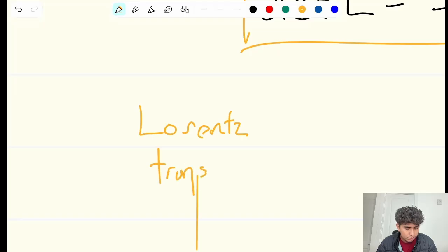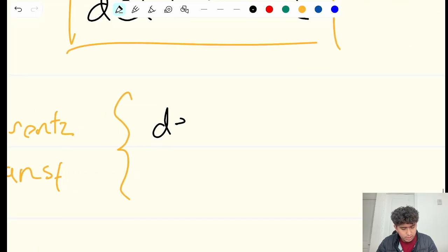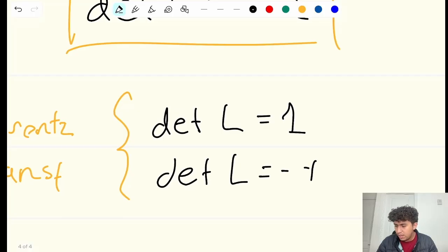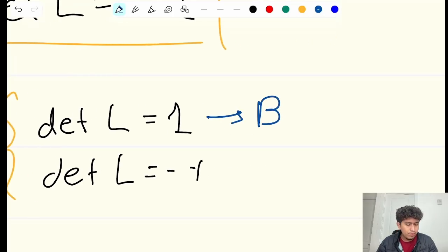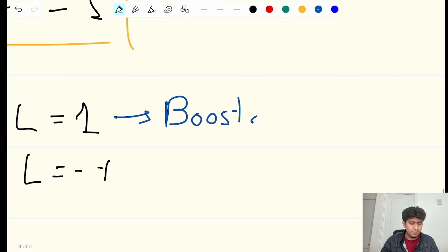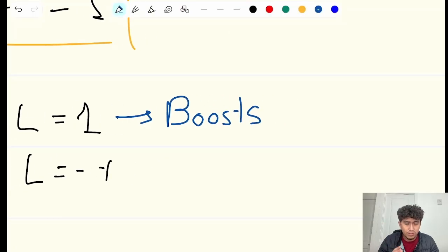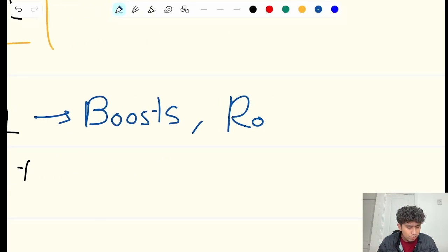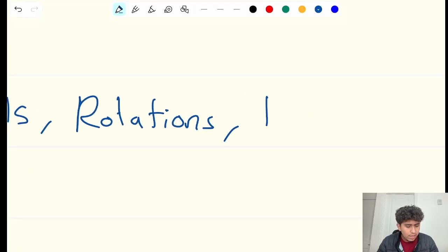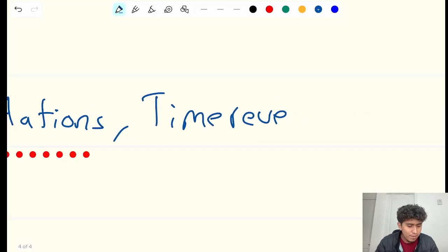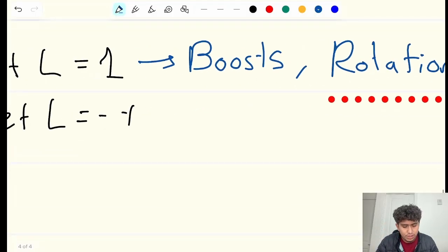So we're going to have determinant equal to 1 and determinant equal to minus 1. These are going to be all the boosts that I told you, that is just adding speed when you're moving to another reference frame that has some speed with respect to you. Rotations: if you rotate your frame, then it's also determinant plus 1. And time reversing, which is when you just put a minus sign in the time component.